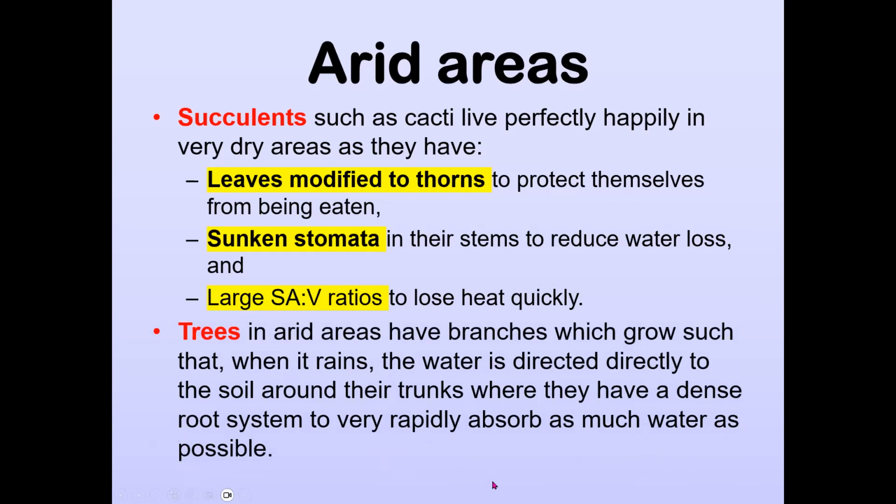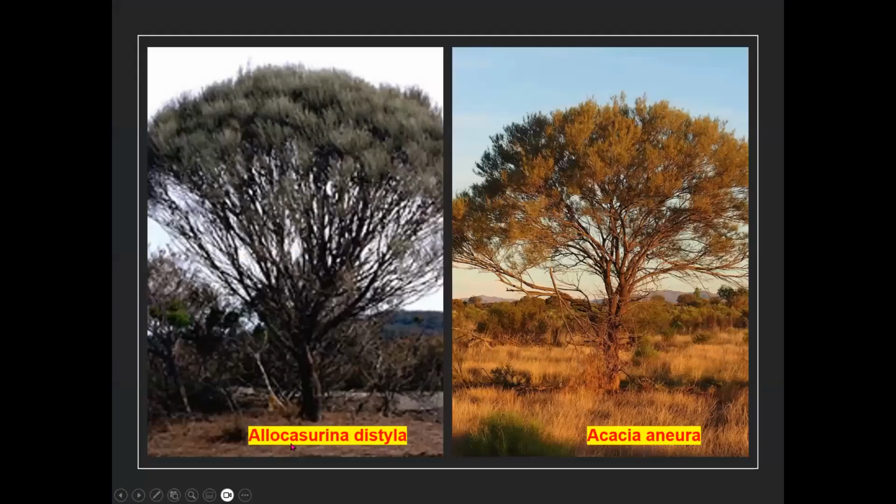Trees in arid areas have branches which grow in a way that when it's raining and water is needed, it's directed directly into the soil at the trunks, where they have this dense root system. So Allocasuarinas, for example, you can see very clearly that all the branches grow so water comes down and trickles along the gutter, if you like, of the branches, along the base.